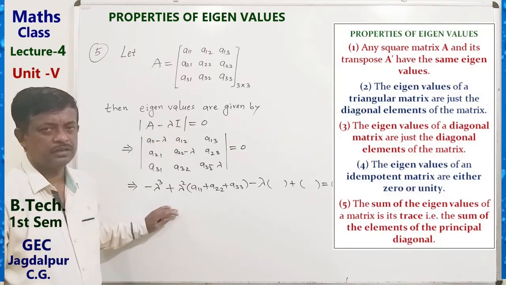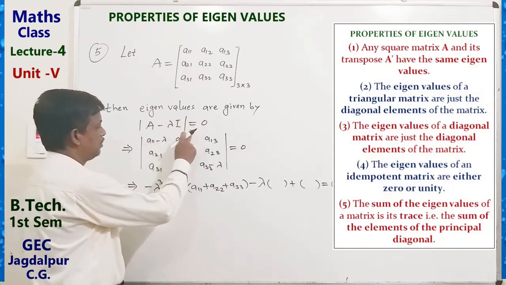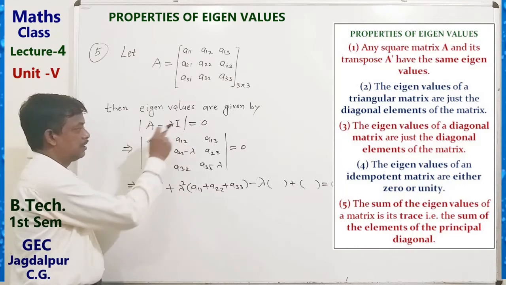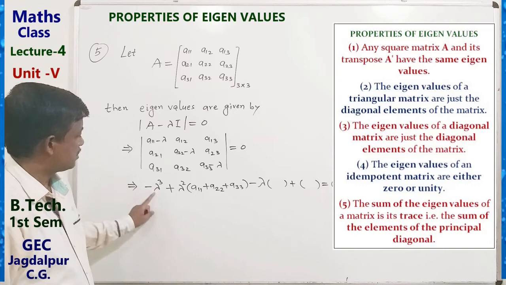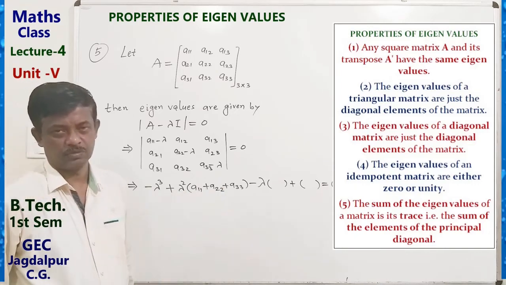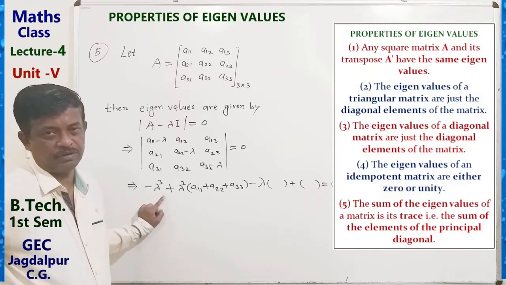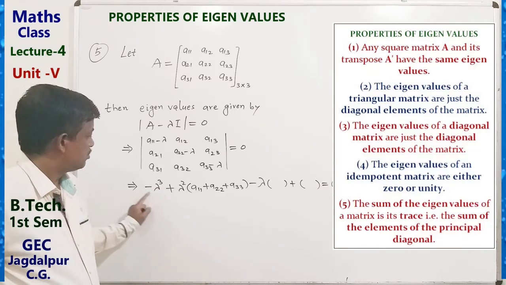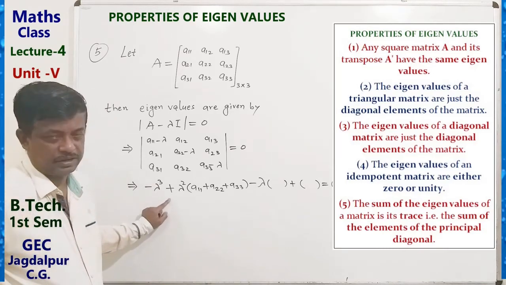Just consider this part, the characteristic polynomial. You can also suppose its zeros, its roots, are given by the values of lambda. Okay, three values will be there.